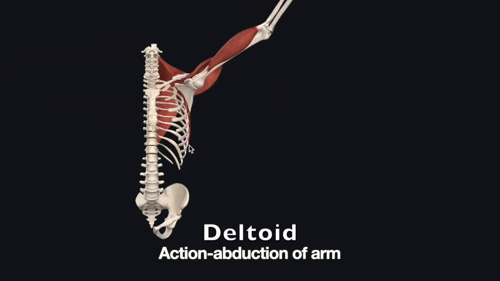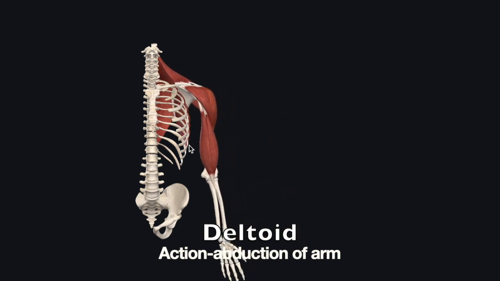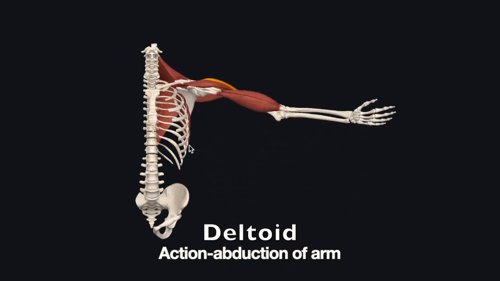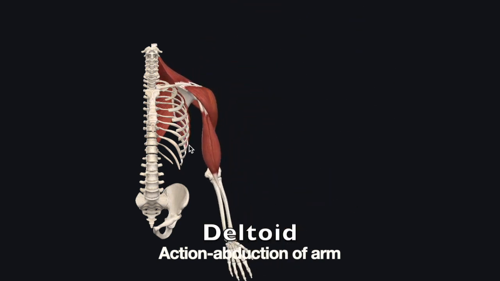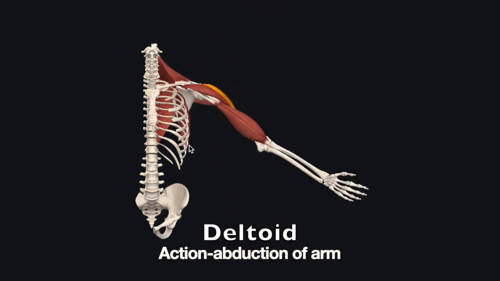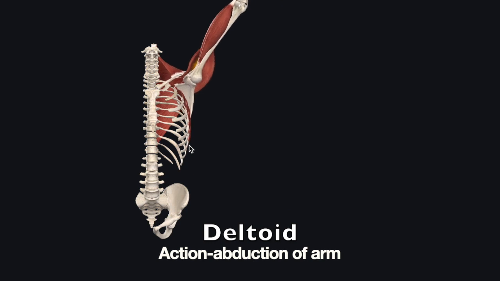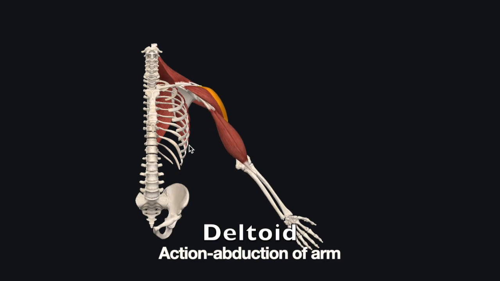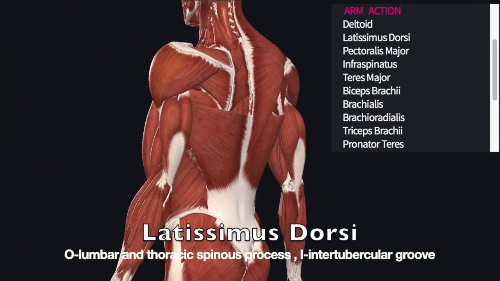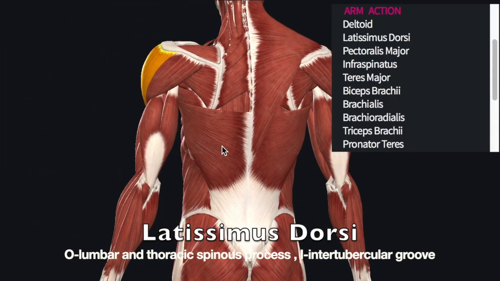Its primary action is in the abduction of our arm, or drawing our arm away from our body toward the side. It'll also be involved in lifting your arm or flexing your arm forward as when you are swinging your arms while walking.